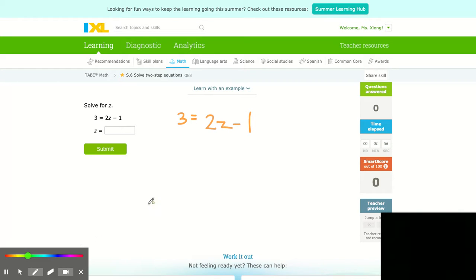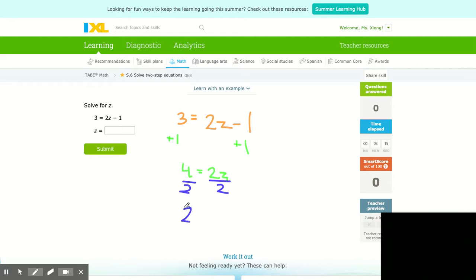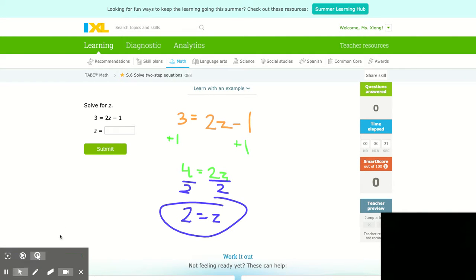In order to do this, I'm going to add 1 right away. This way I have 4 equals 2z. And then I still need to get rid of this 2, so I'm going to divide by 2. 4 divided by 2 is 2, and 2z divided by 2 is just z. So my answer should be 2.